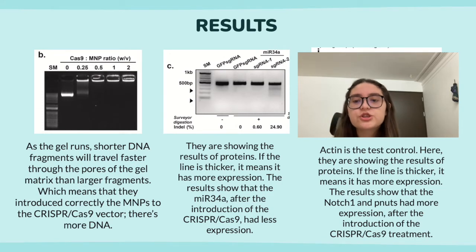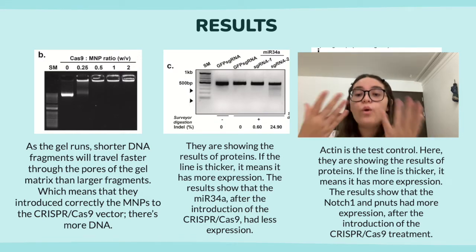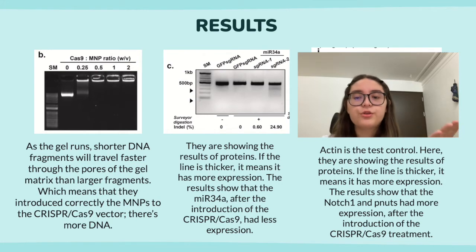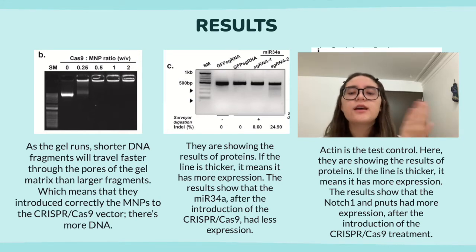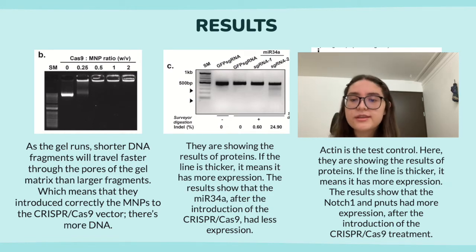The results show that the MIR34A, after the introduction of the CRISPR-Cas9, had less expression, and that was what they wanted, because the MIR34A can downregulate certain targets such as Notch1 and peanuts, which help with cell survival, DNA repair, and cell growth.